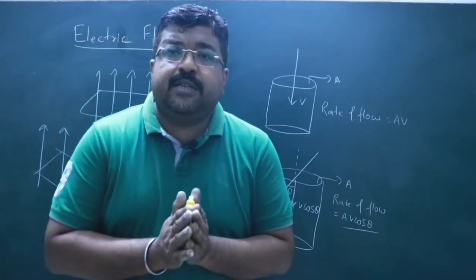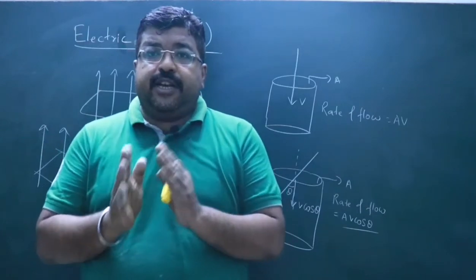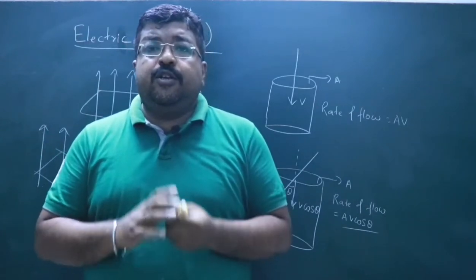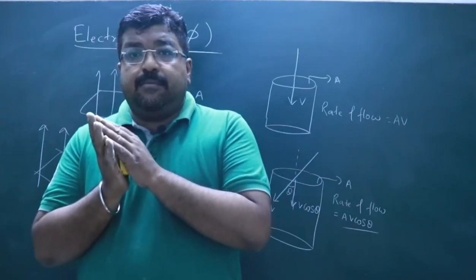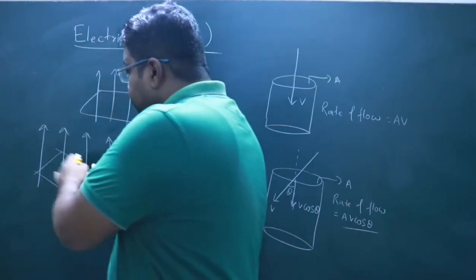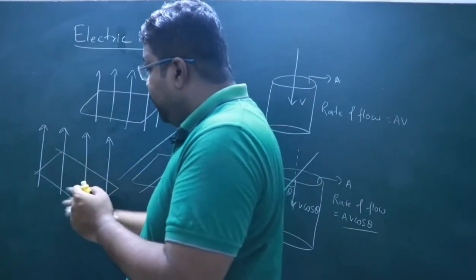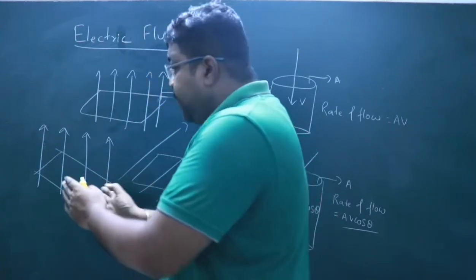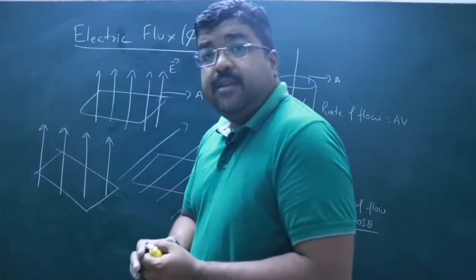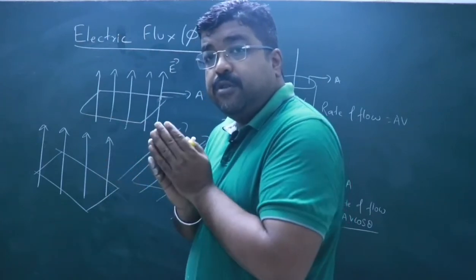So the basic concept is that either you change the direction of electric field, or you change the orientation of the area, or you change the magnitude of area. If I decrease the area of this sheet, then the number of lines passing through that smaller area is going to reduce.